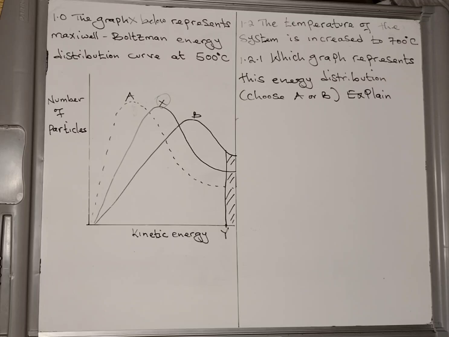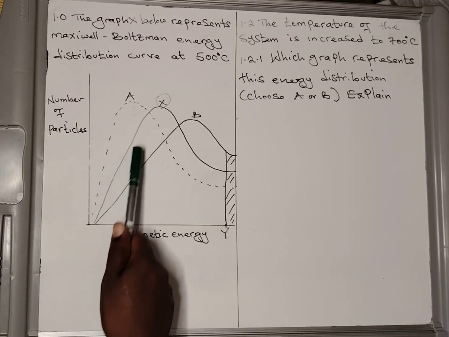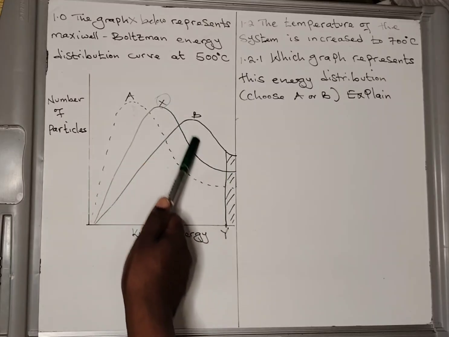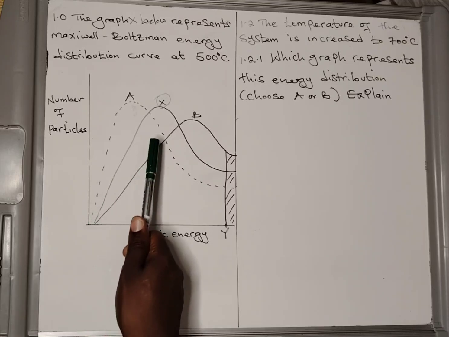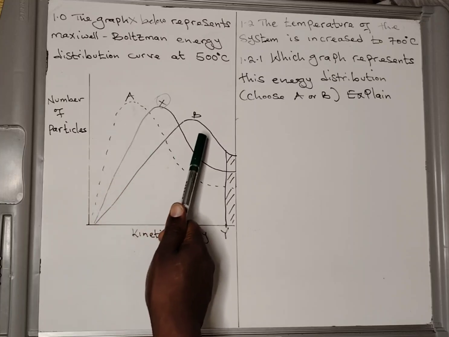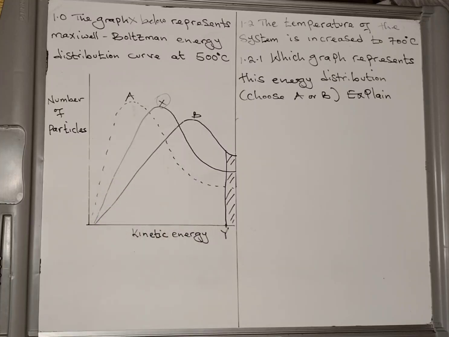Choose A or B and explain. When you increase temperature, the energy distribution changes from this pattern we know of X. But the question, does it change to A or to B?